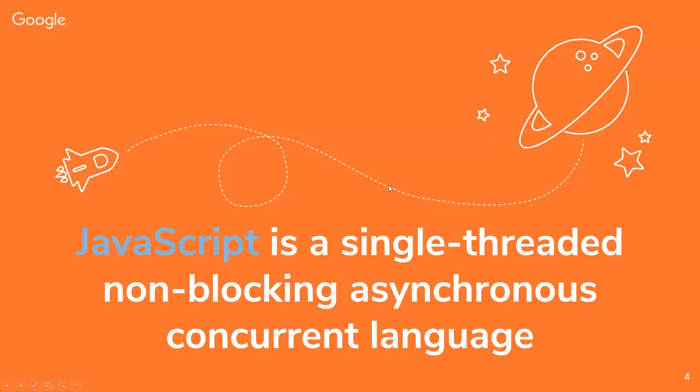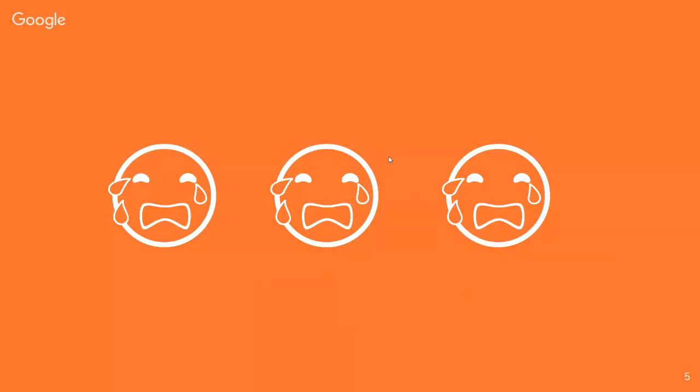And here on the screen, you can see a definition. JavaScript is a single-threaded, non-blocking, asynchronous, concurrent language. Okay. What? Single-threaded, asynchronous? What does this mean? Okay.